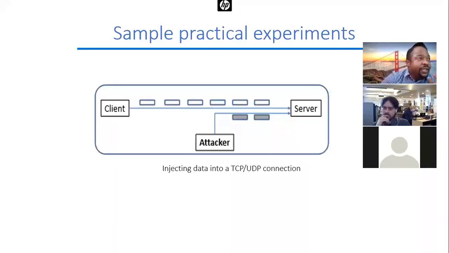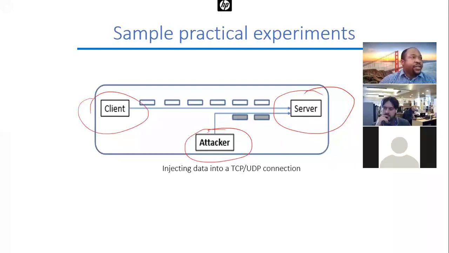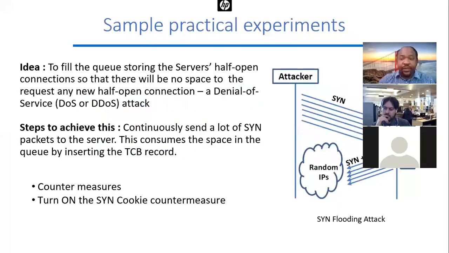The first one is how we can use virtual machines. You've got a server machine, an attacker machine, and a client machine. In this case, we're going to see how we can use this simple lab to inject data onto the TCP or UDP connection. This is one experiment that you're going to see in the next few minutes.